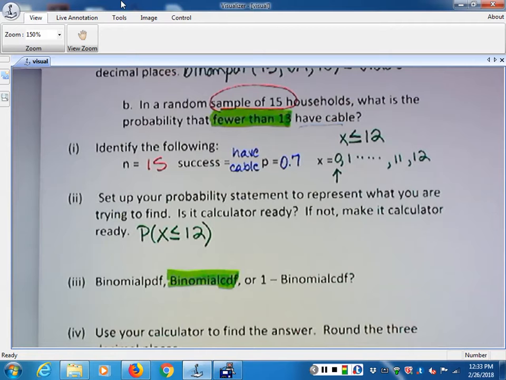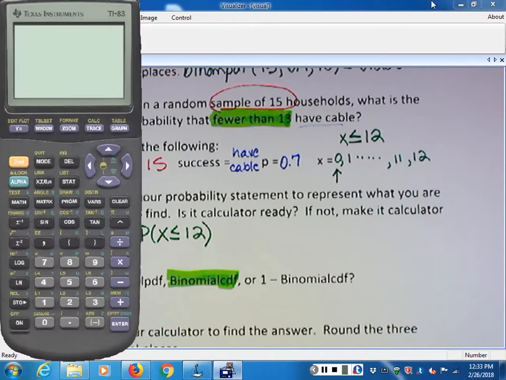And then we're going to use our calculator to find the answer. So we're going to go second, bars, go down and find binomial CDF. It's right after PDF. And we're going to enter in P and x, which is the top number.